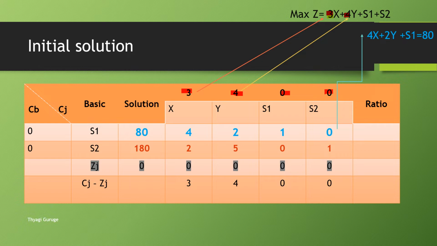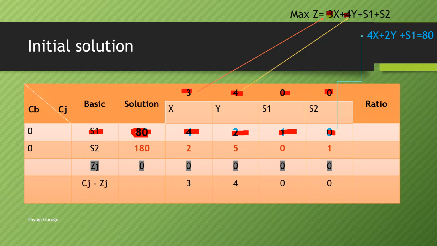So in the table, we are going to put 4 under x, 2 under y, then under S1 we are going to put 1 and under S2 we are going to put 0. Then the total solution represents the total capacity, used and unused. Therefore, we are going to insert S1, the first slack variable, into our initial table.